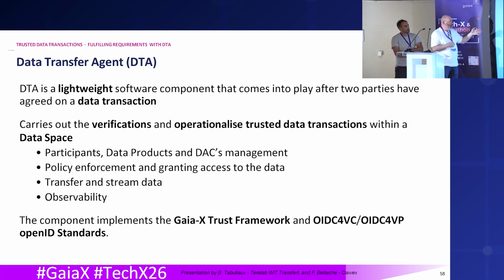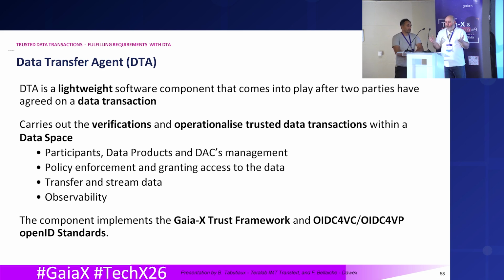It carries out and personalizes the data transfer phases within the data space. It manages participants, data products, DAX, but it needs some specification yet. It provides policy enforcement, on rights of access to the data, the transfer, and the many ways to transfer data, whether it's API, push, pull, events, streaming, and so on. And at least it has the basis for observability.